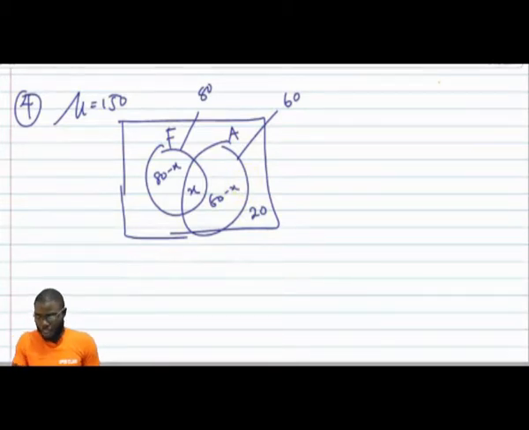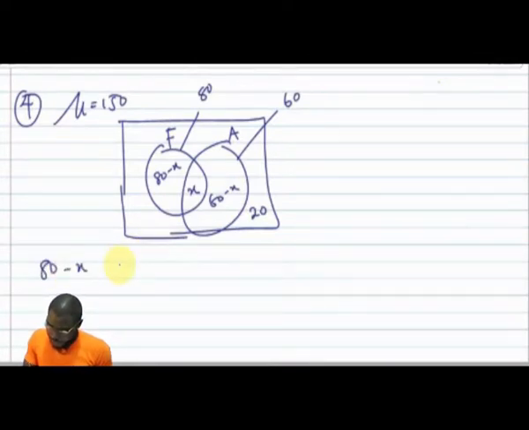So now we have 80 minus X plus X, plus 60 minus X plus 20.